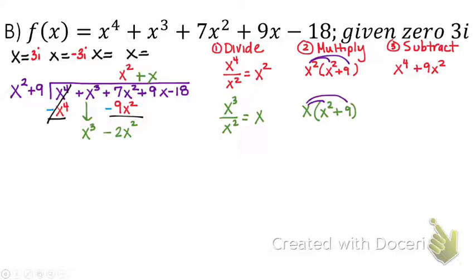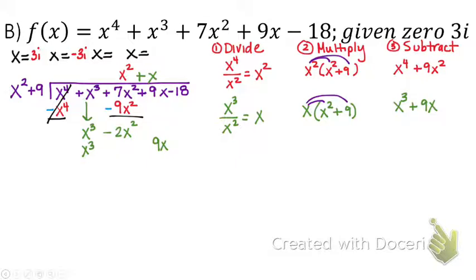And that's going to give you x cubed plus 9x. Line that up. X cubed plus 9x is going to go underneath the positive 9x.